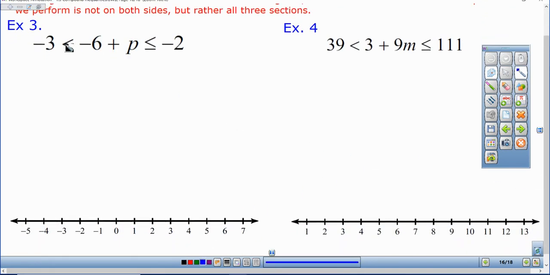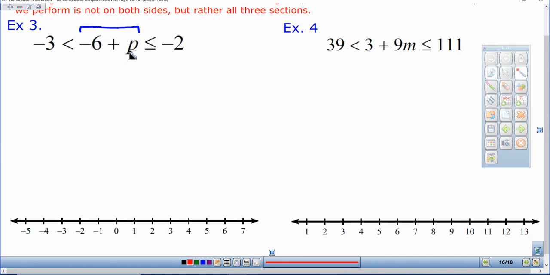In this situation, you have a compound inequality. It's an and, and the variable is in the middle section. What we do is, when the variable is only in the middle section, I would prefer to just isolate the variable in that middle section, and it'll look a lot like the final answer of what we did in the previous two examples.